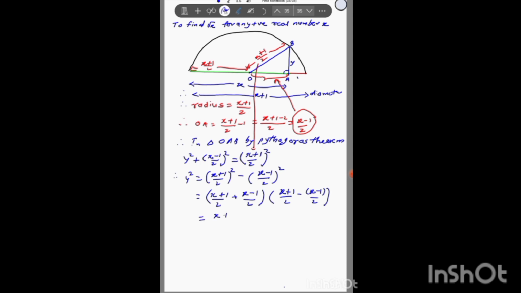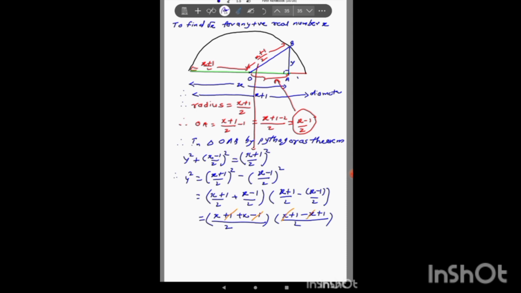We solve the bracket like this, and ultimately you get y square equal to 2x divided by 2 and 2 divided by 2. Earlier also we got 1 in this, here also we got 2 divided by 2 as 1.